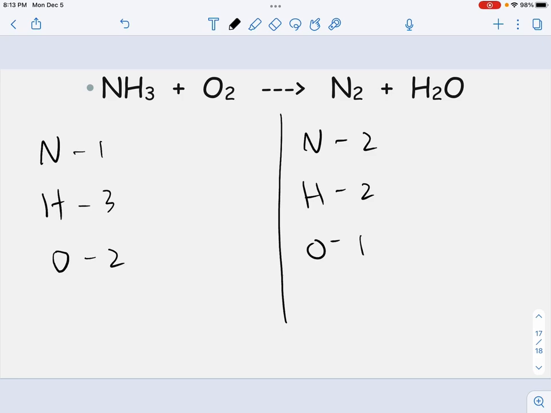So the first thing that I did was I added 4 to NH3, okay? So by doing that, I have 4 nitrogens, 12 hydrogens, okay? And the oxygen stays the same. So let's go ahead and look on the right-hand side, okay? I'm mainly interested in the hydrogens, okay?